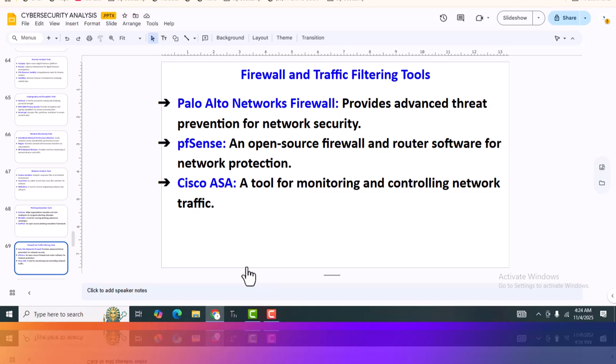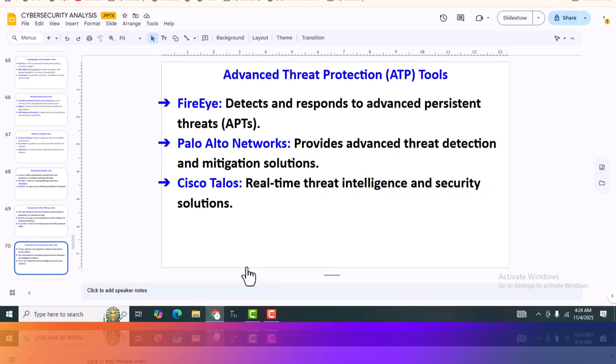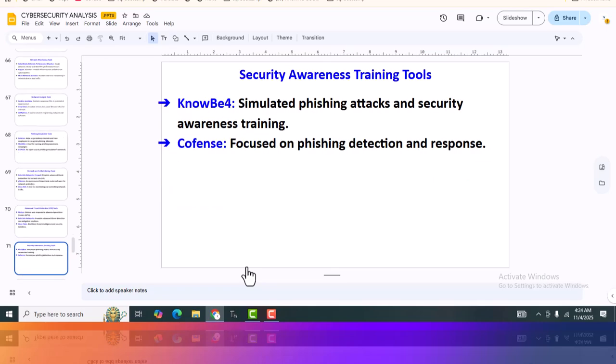These are hardeners that help us filter what comes in and goes out of our network, whether in a domain, a public network, or a private network. We also have advanced threat protection tools like FireEye, Palo Alto Networks, or Cisco Talos, and security awareness training is also part of the analysis that we carry out in cyber security.